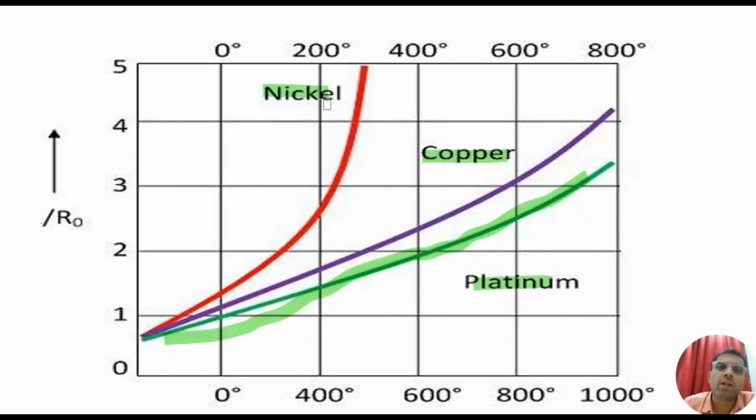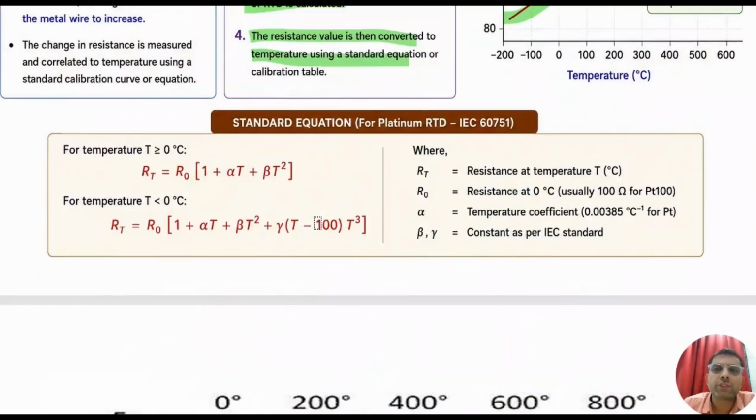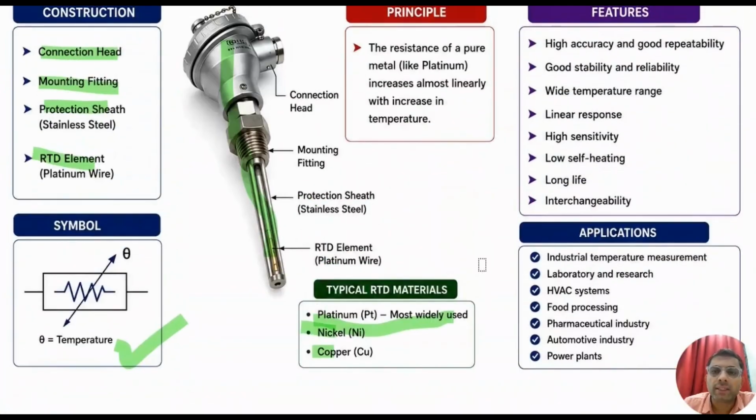Depending on your application, you can use any kind of material for making the RTD. What are the applications of this RTD? RTD can be used in industrial temperature measurement, laboratory and research, HVAC systems, food processing, pharmaceutical industry, automotive industry, and power plants. So this is all about RTD.